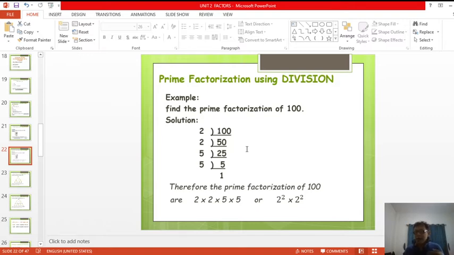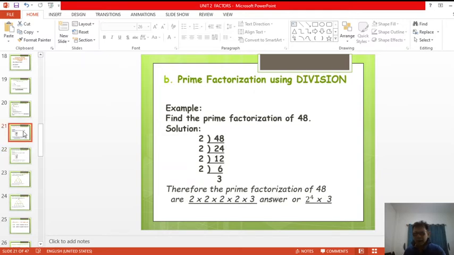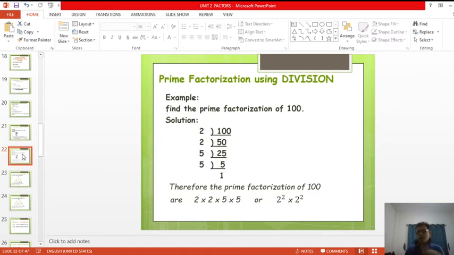This one I'm showing you another way. If you are confused with this style, other books might show you like this. It's the same method, division, but another way of expressing it. The problem here is to find the prime factorization of 100.